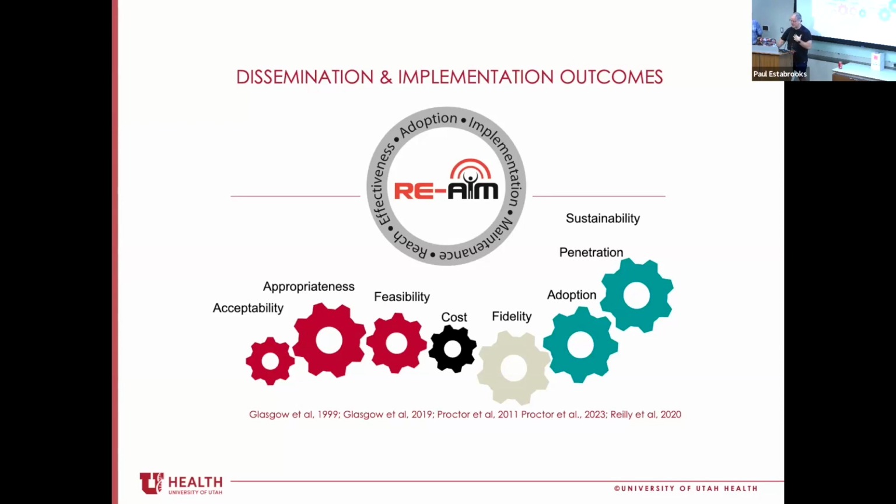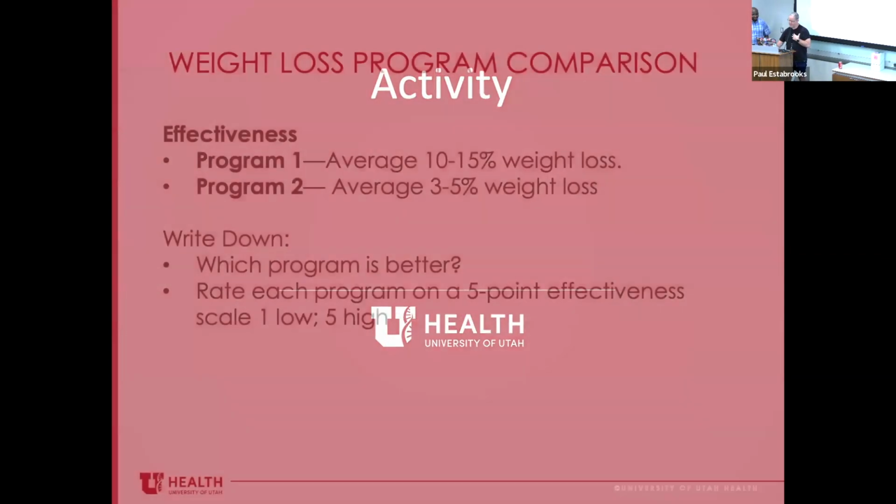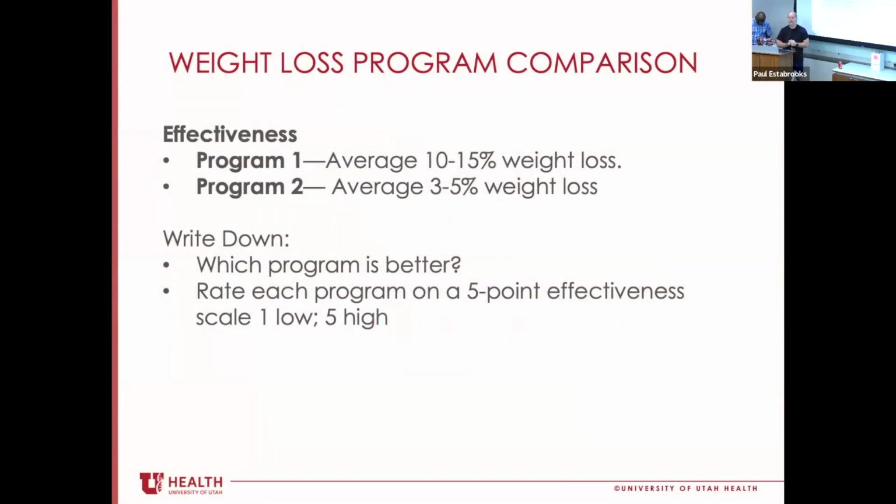The activity that we're going to do is walk through some hypothetical, loosely based in reality weight loss program data. That's some of the work that I do and some of the work that Toby does as well, although his work is a little bit more in cardiovascular disease risk explicitly. I want you all to get a pen, piece of paper, or in your computer, you can type these things up.